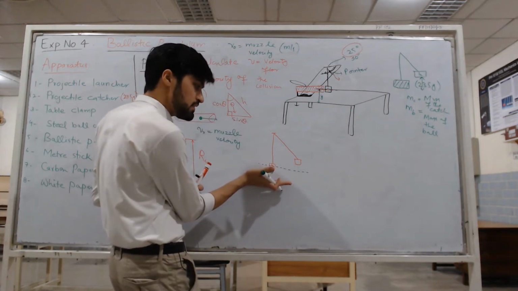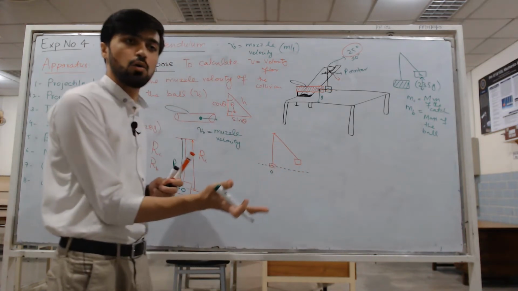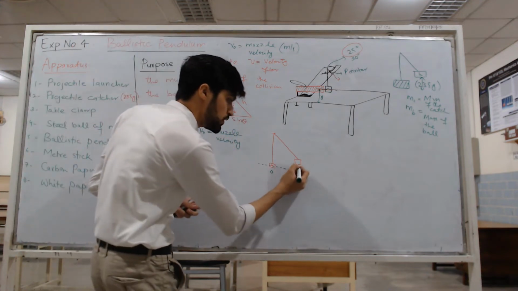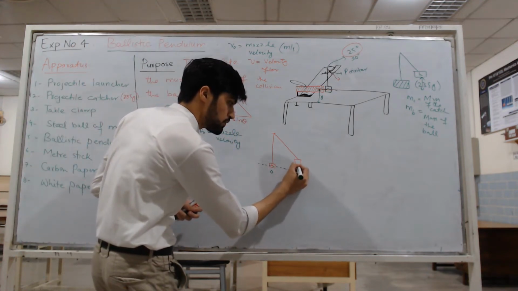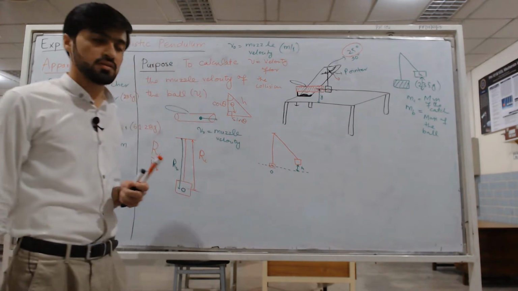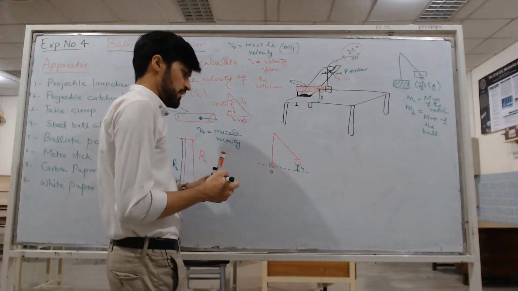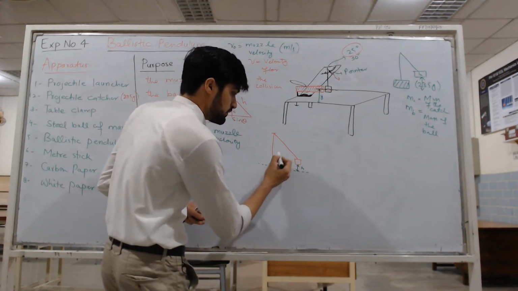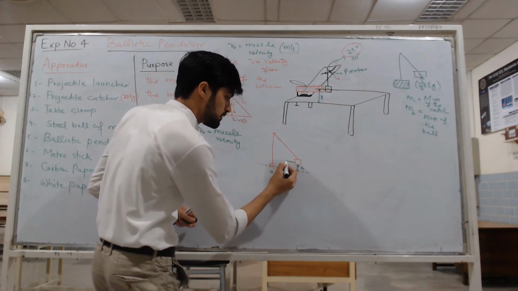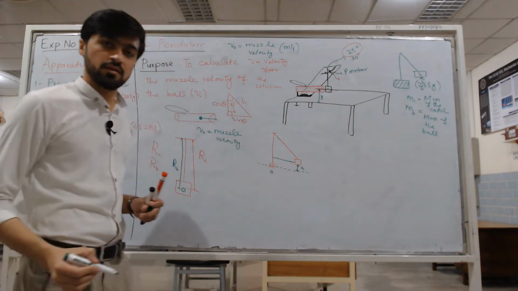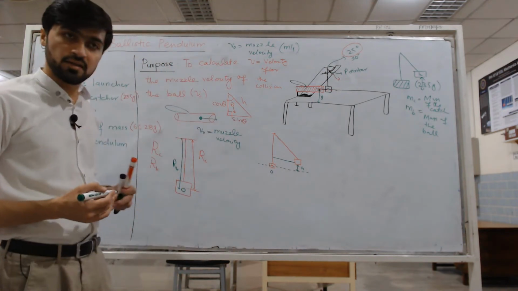From this reference level, how high does the catcher move? This is actually h. We need this h. And how do we calculate this h? Simply, as we discussed, this is making a right angle triangle.